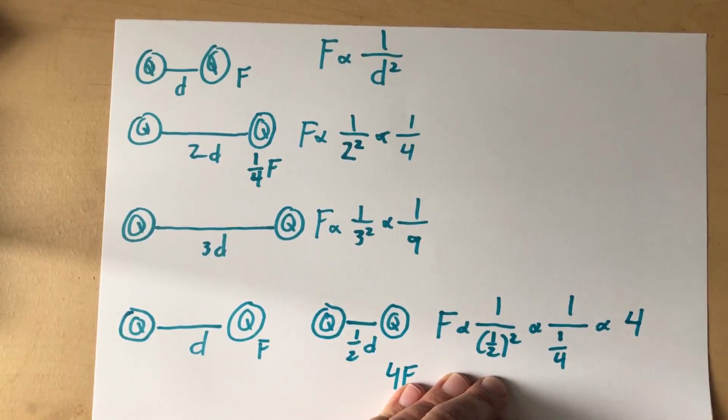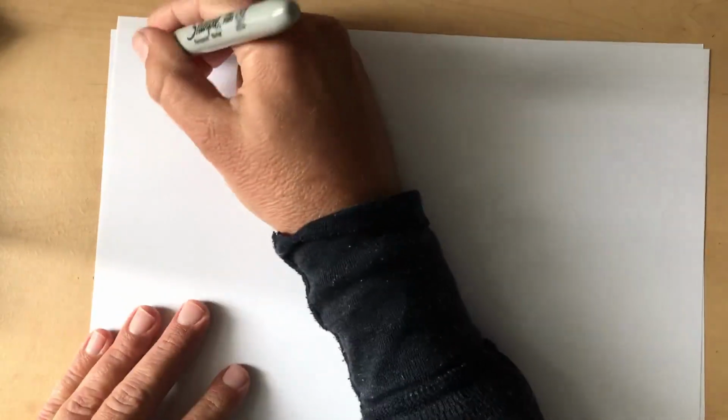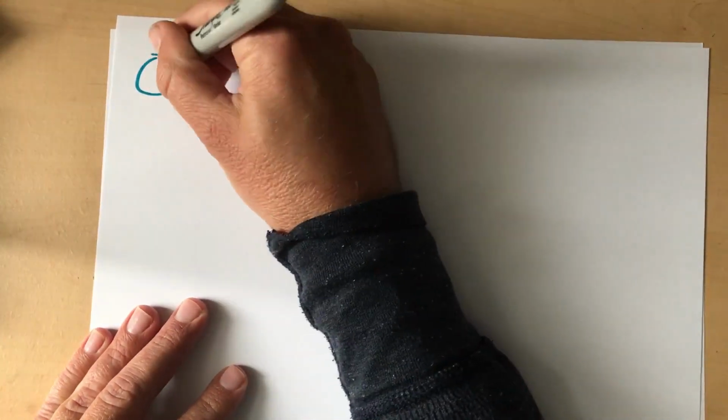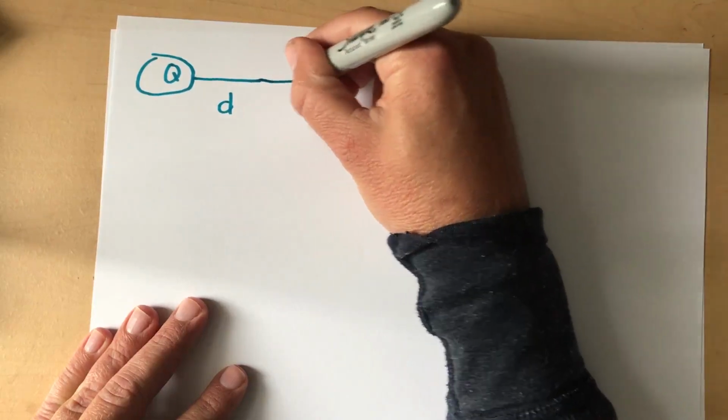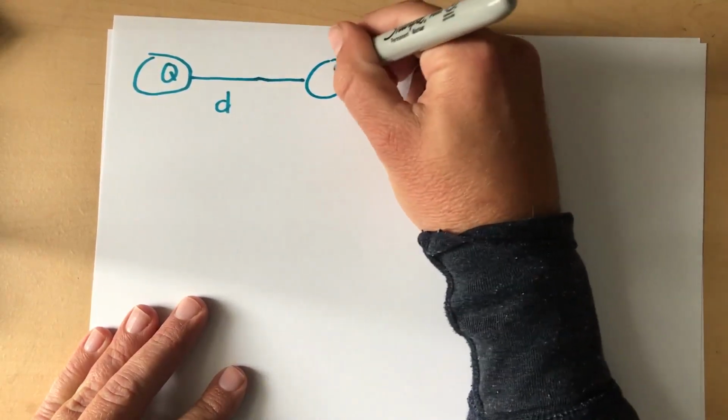So last thing is, let's change all three variables just to practice it. Let's say we have charge Q separated by distance D, and then we have another charge over here.